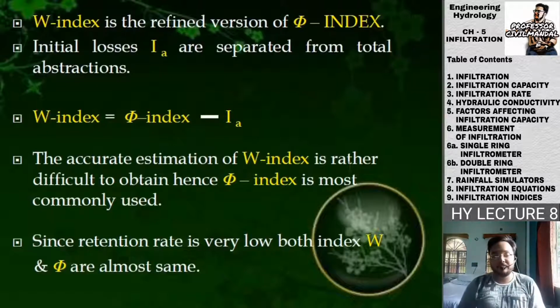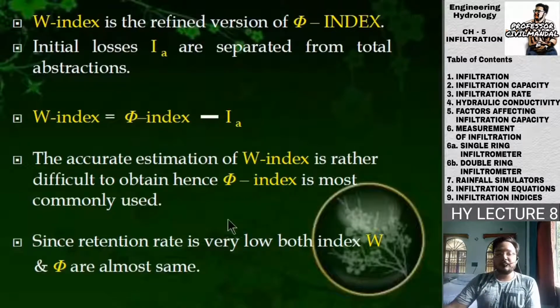The accurate measurement of the W index is rather difficult to obtain, hence the phi index is most commonly used. It is not possible all the time to determine our initial losses Ia. So at that time we consider that the phi index is the only possible way, therefore it is most commonly used compared to the W index, but know for sure that the W index gives us the correct result.